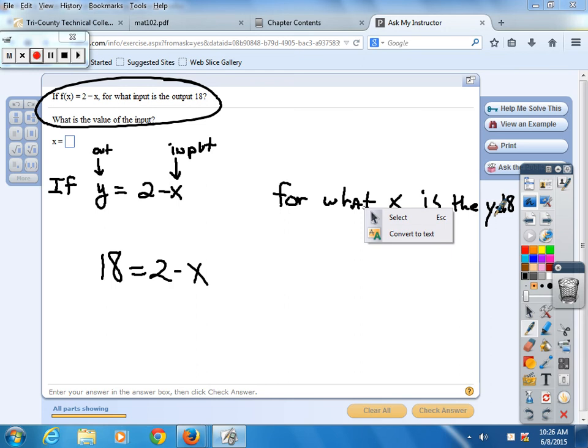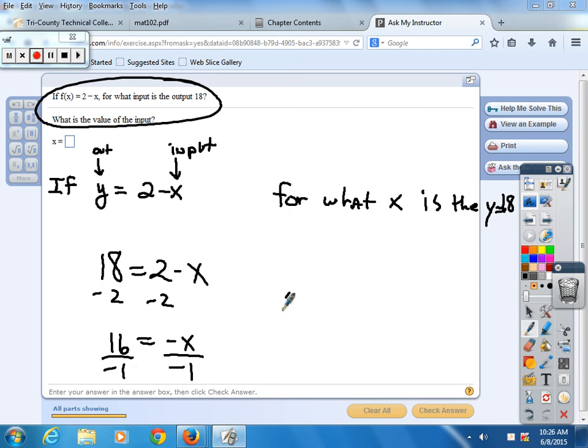So I don't think it's 20. Minus 2, minus 2, 16 is equal to negative x. Divide by negative 1, negative 16. So x is equal to negative 16. Yeah. So the answer should be negative 16.